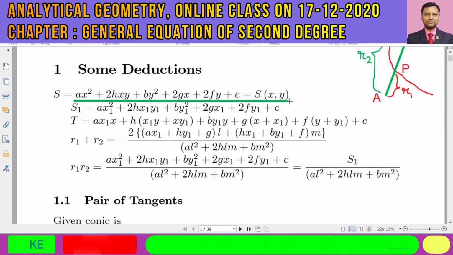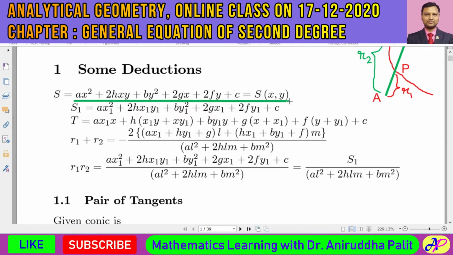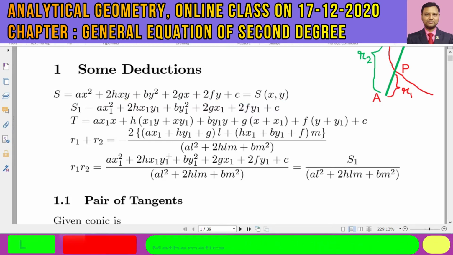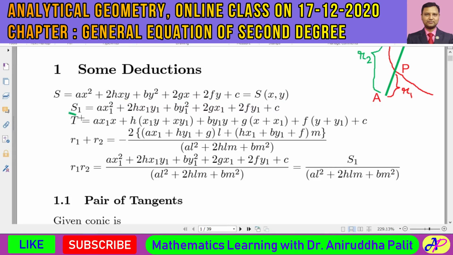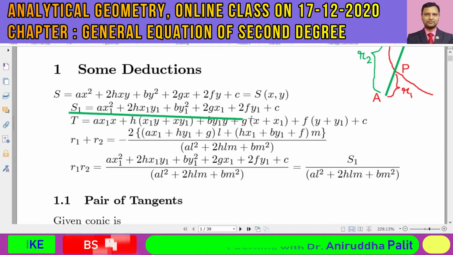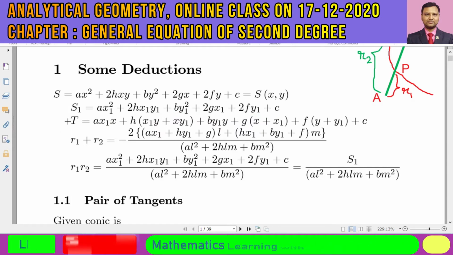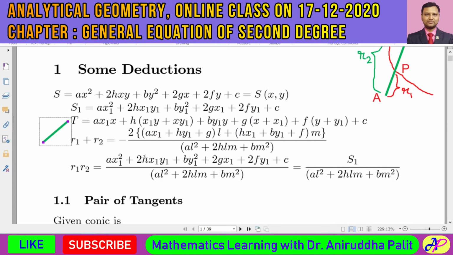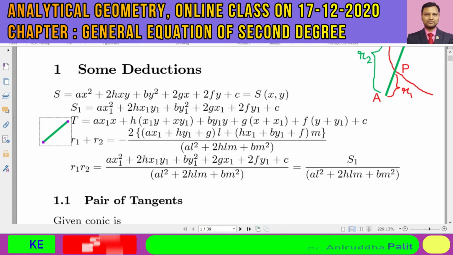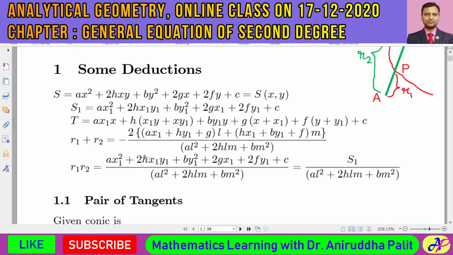Then capital S would be a function of these two variables x and y. Now in place of x and y, if we put x1 and y1, the expression we shall get will be designated by S1, and we shall follow one more notation, that is the notation of T. How to construct the notation of T?